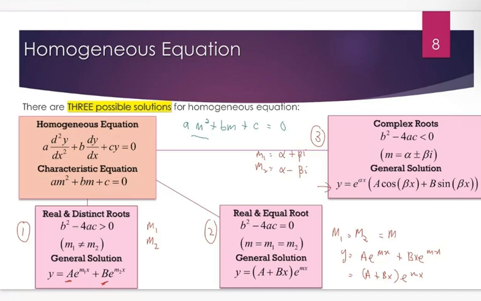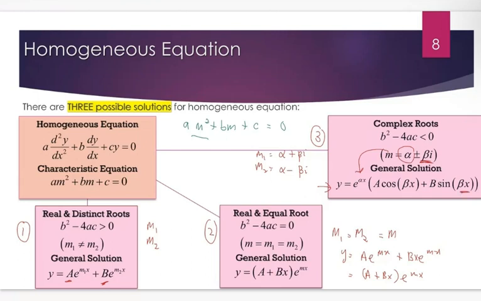So in order to write the general solution, we will use this form. This is called Euler's equation. So you write the solution as y equal to exponent alpha x multiply a cos beta x plus b sin beta x.